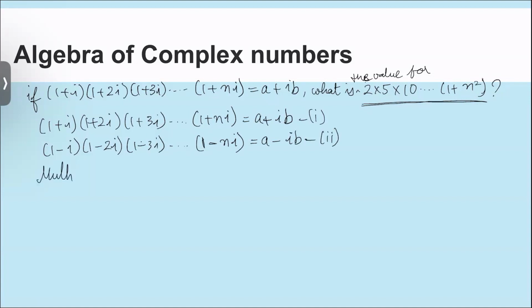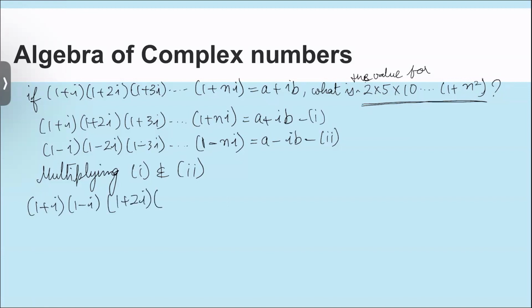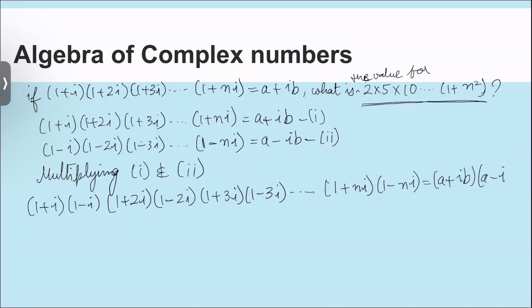If we now multiply equations 1 and 2, multiplying each of the terms, in easier terms we write (1 minus i)(1 plus i), (1 plus 2i)(1 minus 2i), (1 plus 3i)(1 minus 3i), up to (1 plus ni)(1 minus ni), is equal to (A plus iB)(A minus iB).